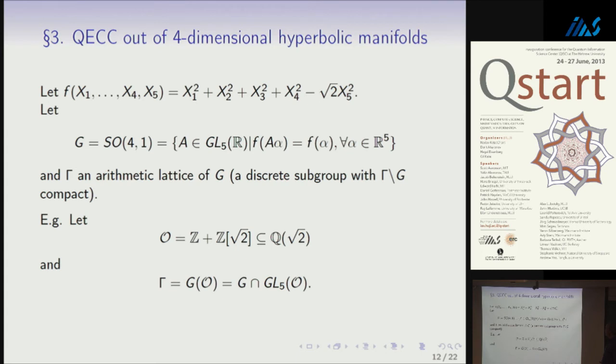I'm taking a specific one right away: Z plus Z square root of 2, which is the ring of integers in the quadratic extension Q(square root of 2). So our group gamma will be those elements in GL5(O) which preserve this quadratic form.